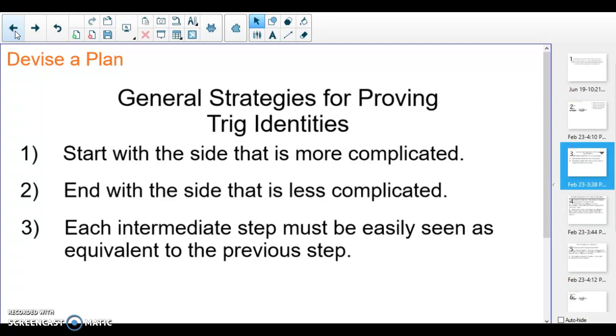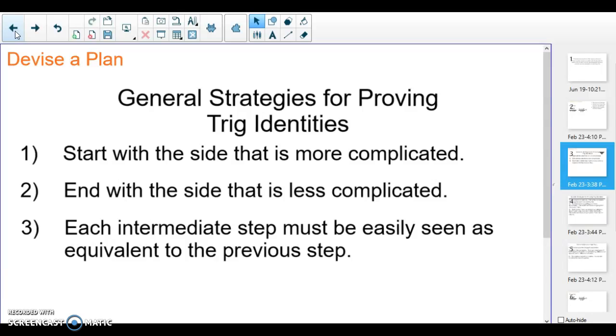And then each intermediate step must be easily seen as equivalent to the previous step. I can relate that back to algebra. When I am trying to solve one side for the other, I have to show that each step can come from the previous one. Now that said, this is a good plan. I want to start with the side that's more complicated and end with the less complicated side.